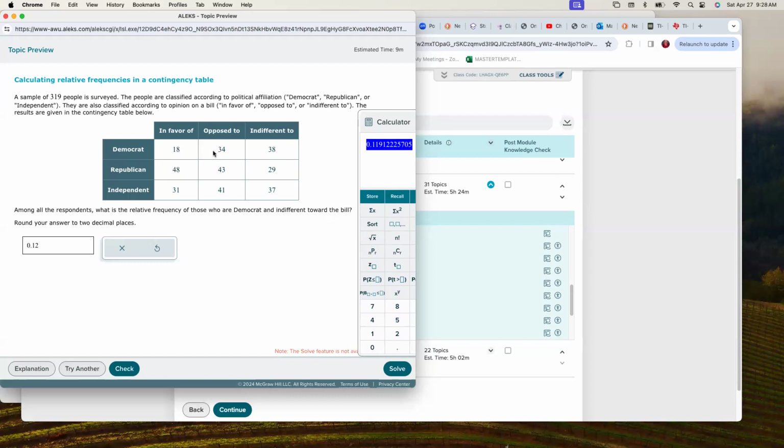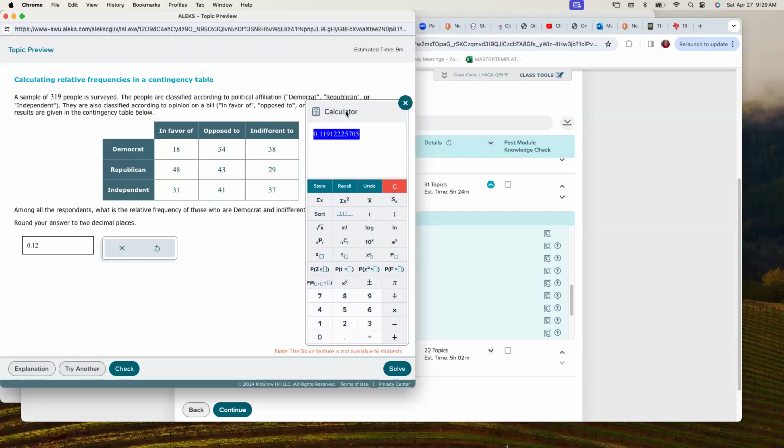But before, when we were talking about the relative frequency of those in favor, we would just add up the column total, or for Democrats or Republicans, we add up the row total. And like I said, when we combine those, then we're looking at a cell here. And again, you just have to read that. So that was the one thing I wanted to illustrate or emphasize here.